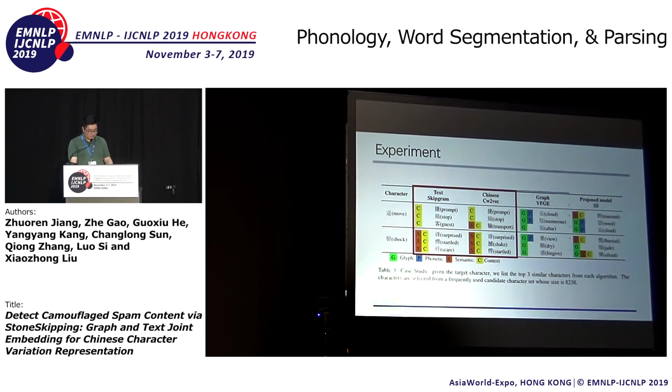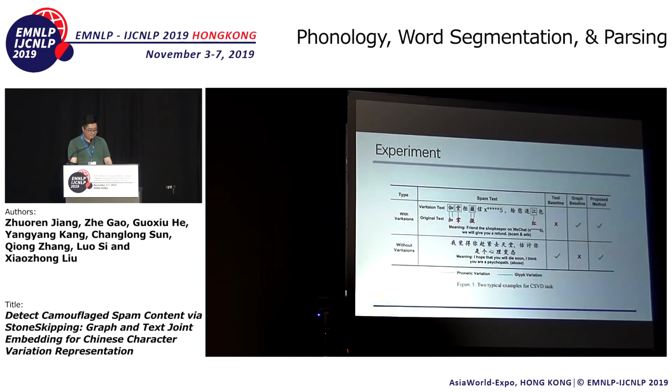Unsurprisingly, for the graph embedding, the similar characters are all glyph or phonetic similar characters. The proposed StoneSkipping model can achieve comprehensive coverage from variation, semantic, and context viewpoints. This explains why this model can perform well in addressing the problem.